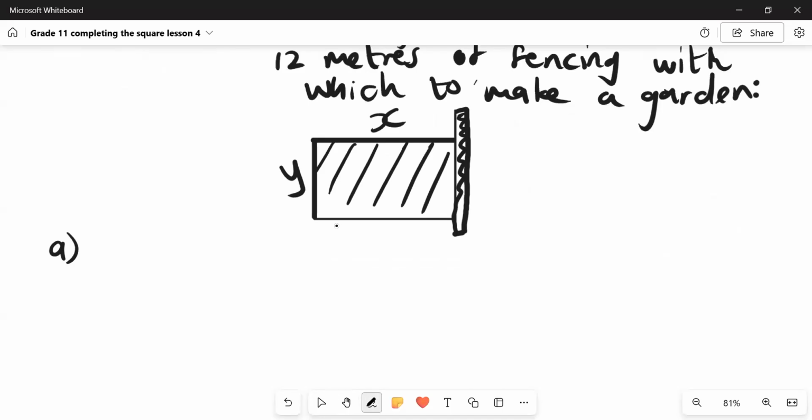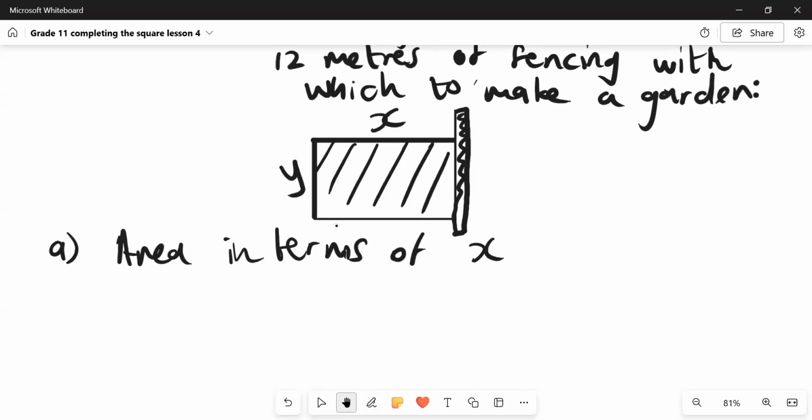So we're looking for an expression of area in terms of X. And then for B, they're saying what is the maximum area that the garden can have? So for number 2, we're looking for the maximum area, right?